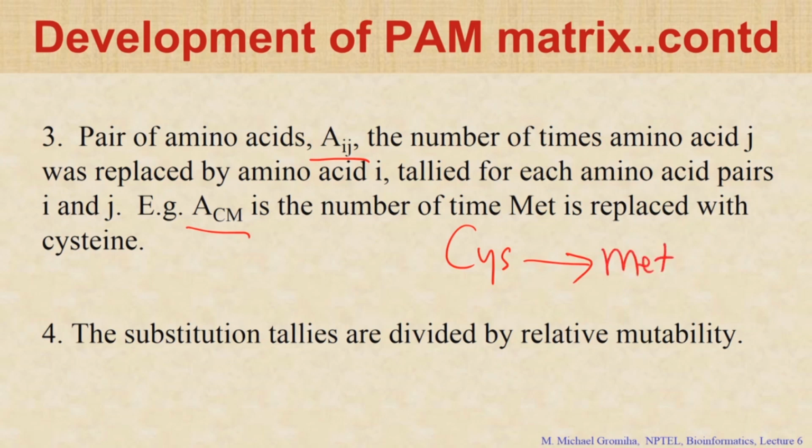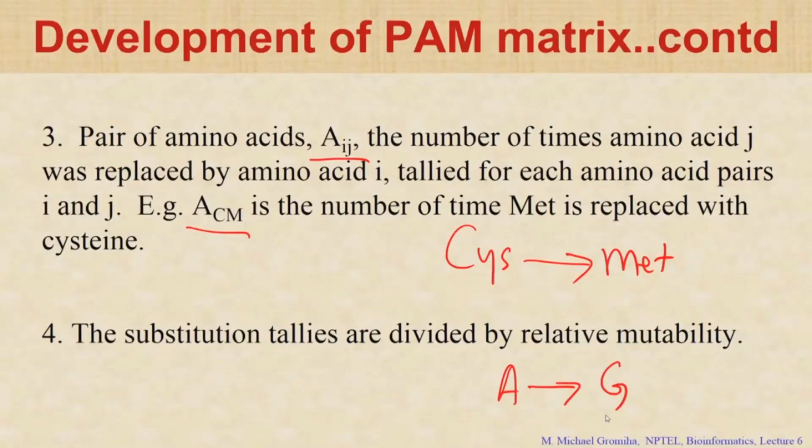How many times do they have this mutation, cysteine to methionine? This is a specific mutation in the alignment, and it depends upon how many times the cysteine occurs in the sequence and also how many times the cysteine is mutated to other residues. We need to consider all these aspects to derive the PAM matrix.